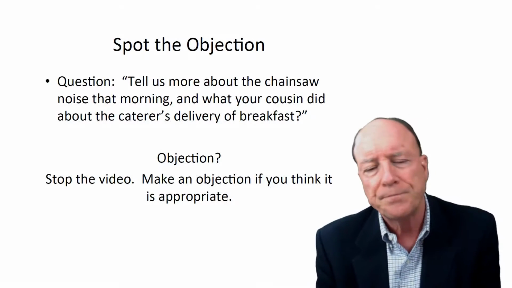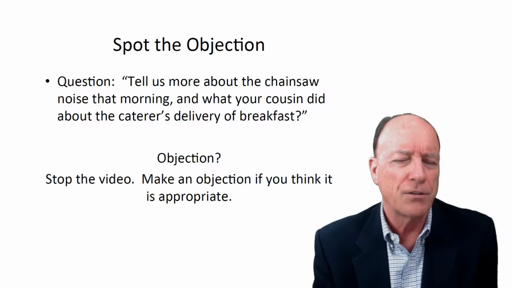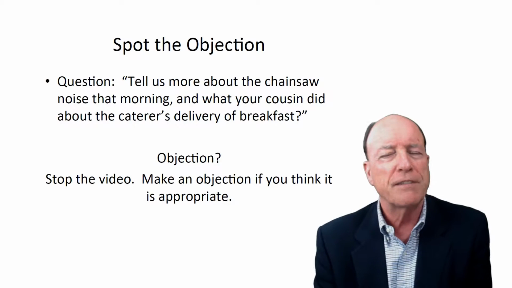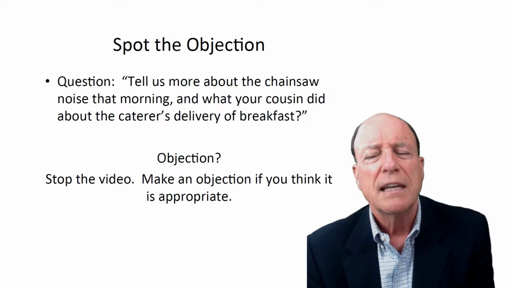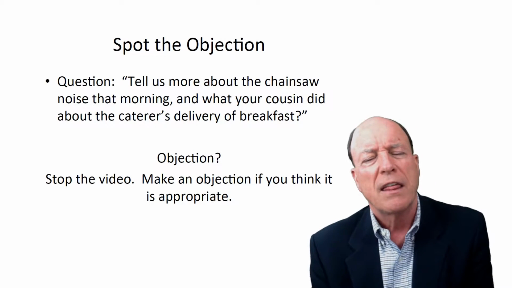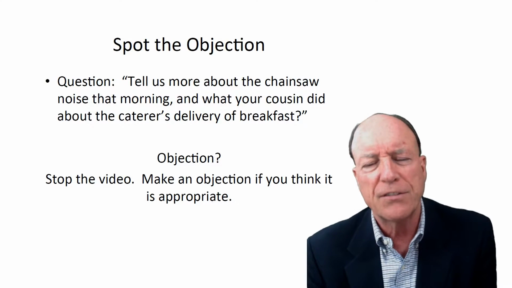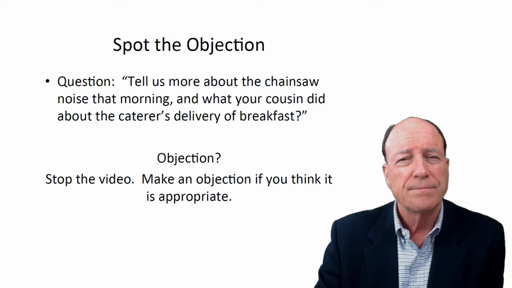Here's your next question. Ms. Witness, tell us more about the chainsaw noise you heard that morning and what your cousin did about the caterer's delivery of breakfast. Objection? Let me repeat the question. Tell us more about the chainsaw noise that you heard that morning and what your cousin did about the caterer's delivery of breakfast. Objection?